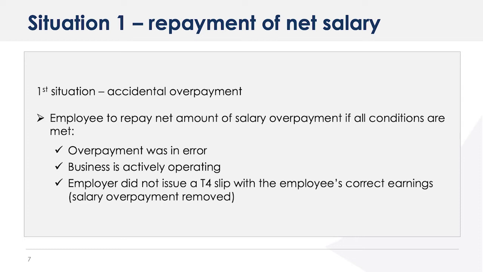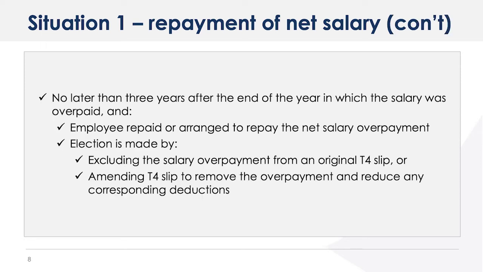Prior to making this decision, the employer did not issue a T4 slip with the employee's correct earnings with the salary overpayment removed. It is no later than 3 years after the end of the year in which the salary was overpaid and the employee repaid or arranged to repay the net amount of the salary overpayment.